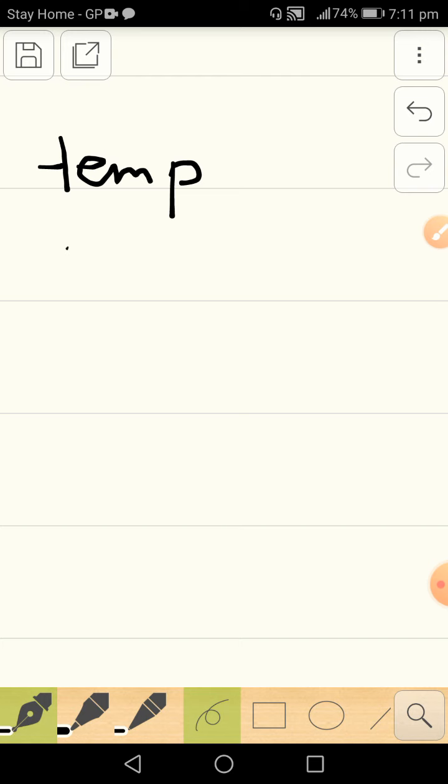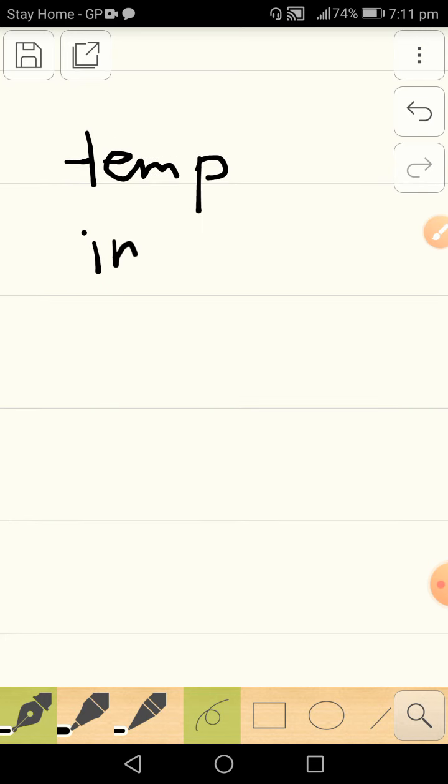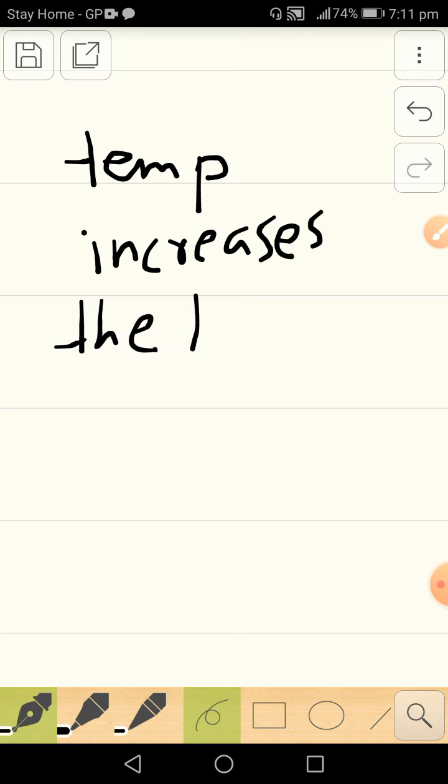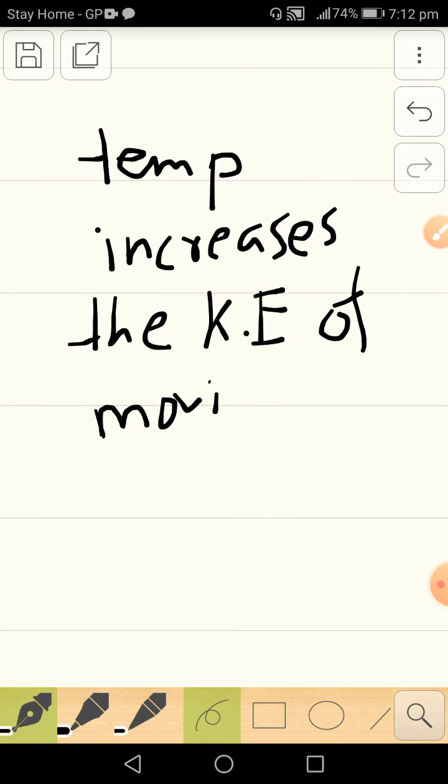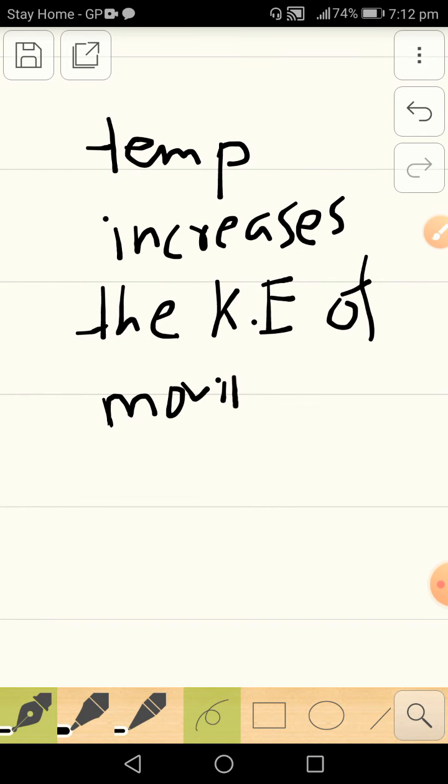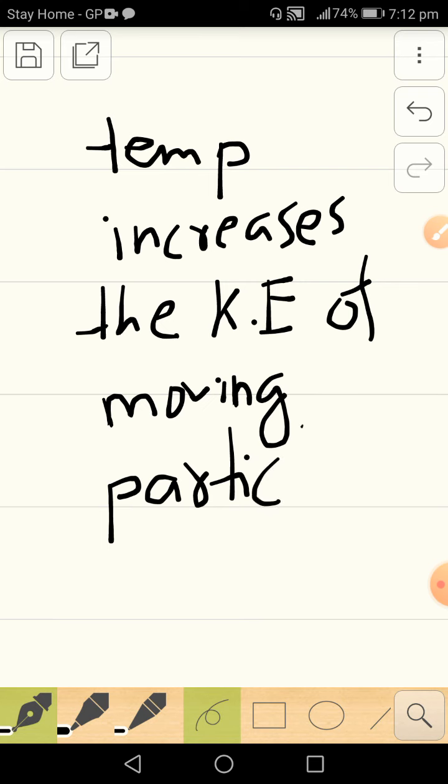Temperature actually increases the kinetic energy of moving particles.